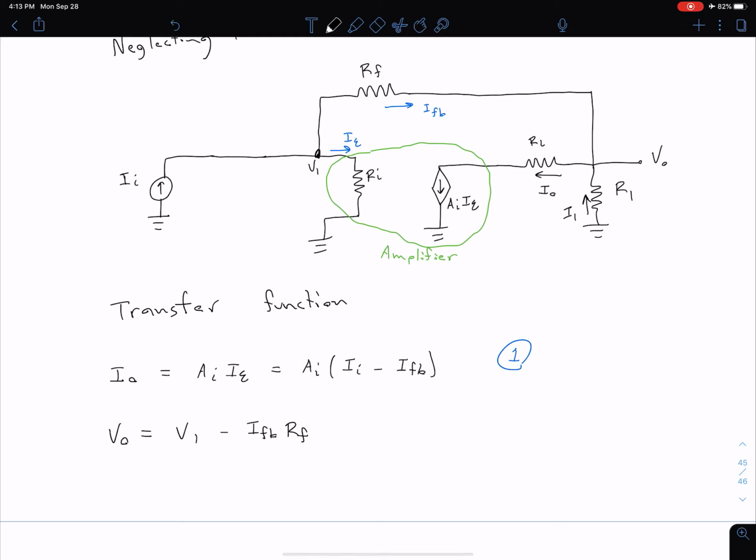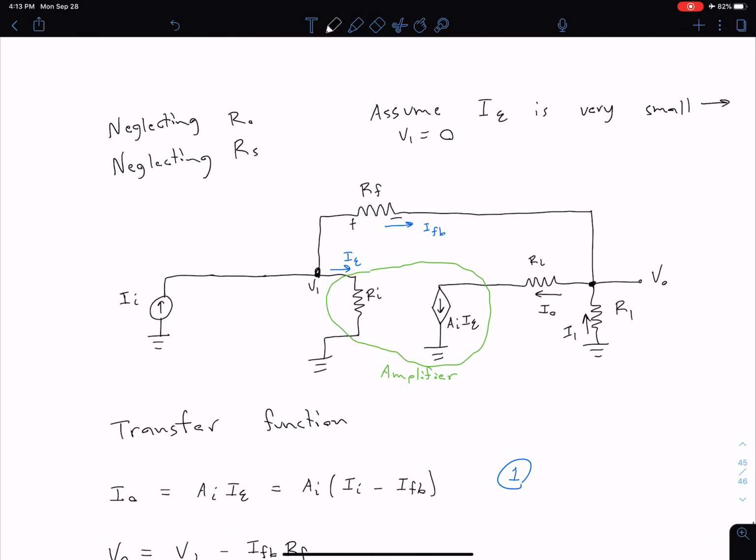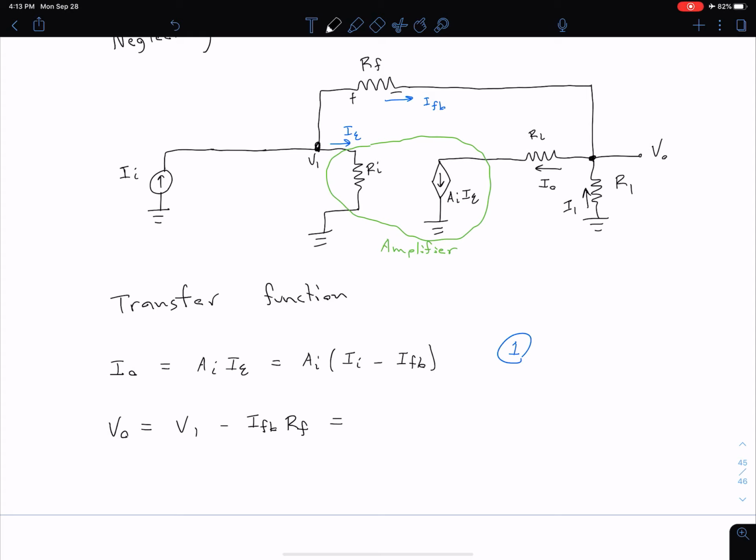So it's this voltage here minus the voltage drop here puts us at V out. Well, we know that our V1 is equal to 0 based on this assumption up here. So we can say this V out is really just negative IFB times RF.